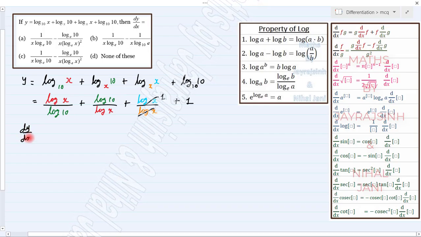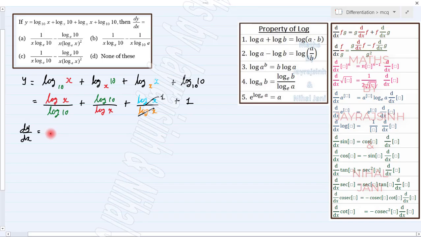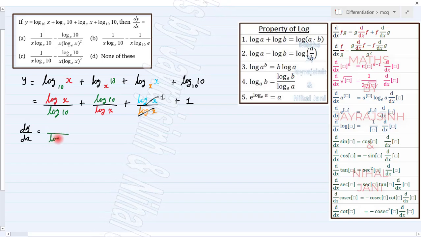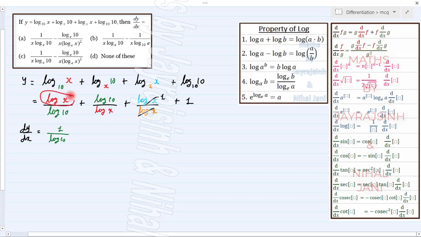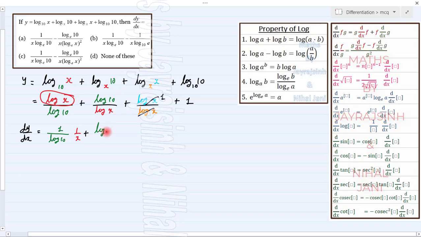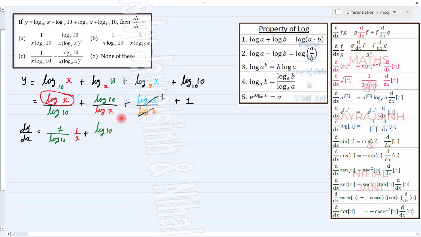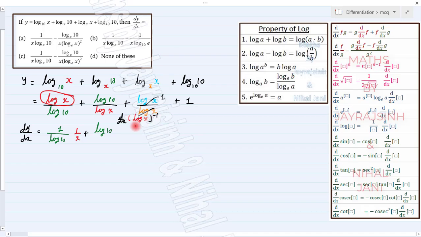We can say dy by dx is equal to, in first term, log 10 is constant term. We don't have to worry about it. Differentiation of log x will be 1 by x. In second term, log 10 again as it is. Here we have differentiation of 1 upon log x, or we can say log x raised to minus 1.